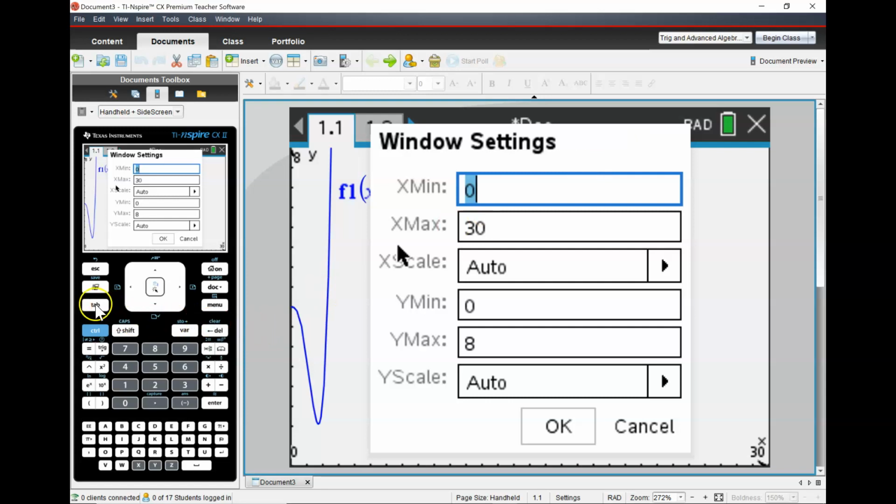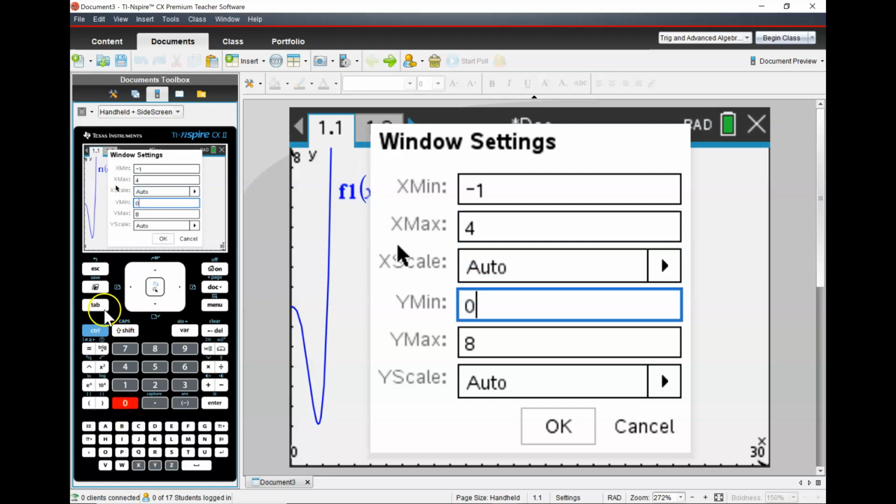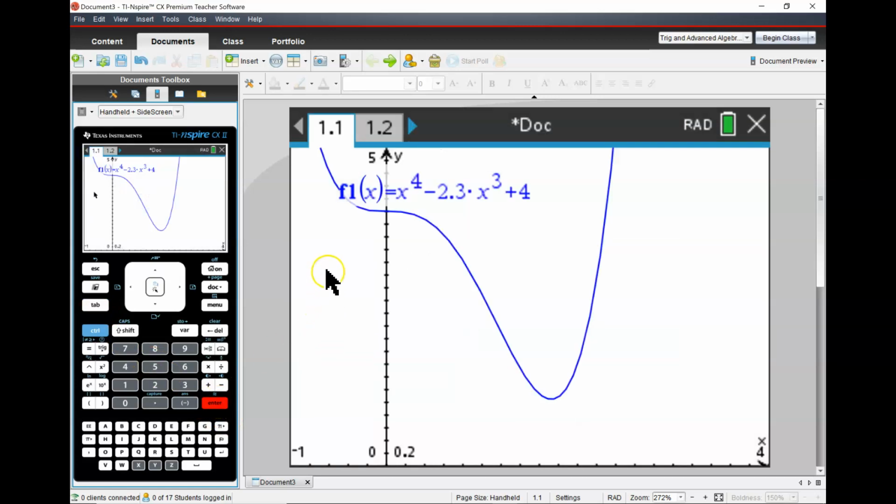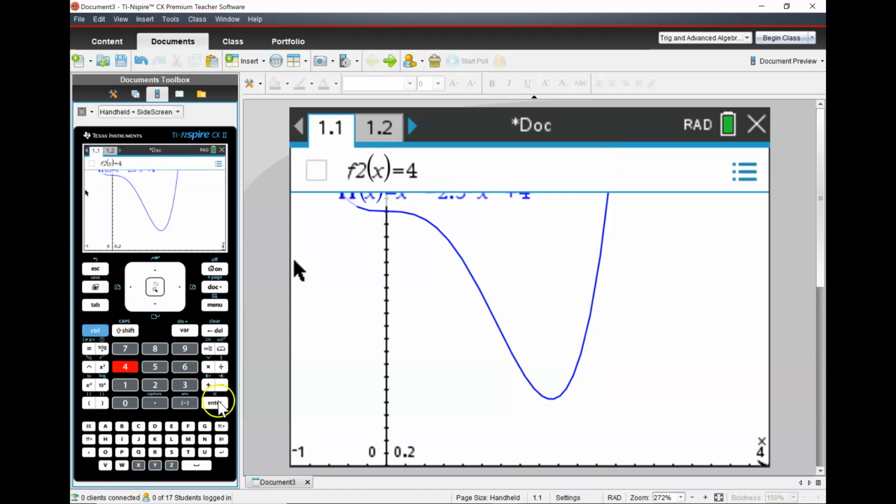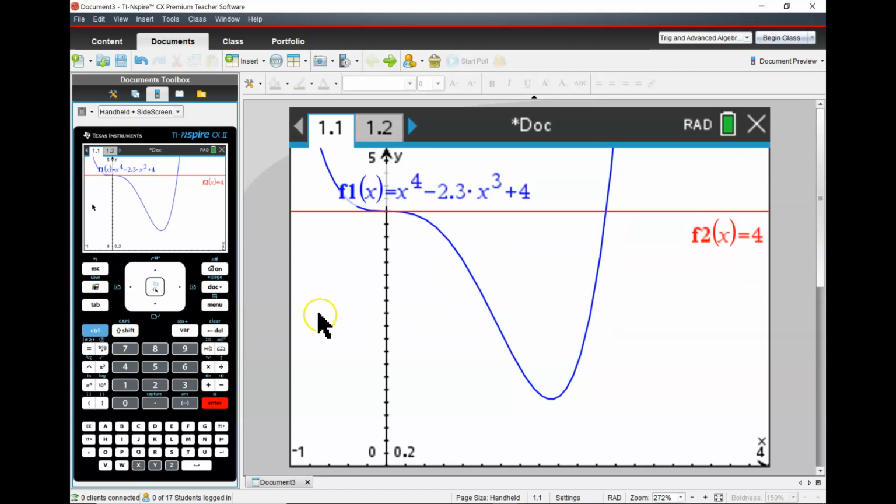I'm going to go from -1 to 4, and then I'm going to do 0 to 5. Okay, that's what that looks like. And then if I do tab again and do 4, that's that line.